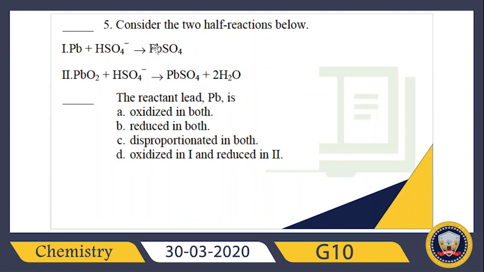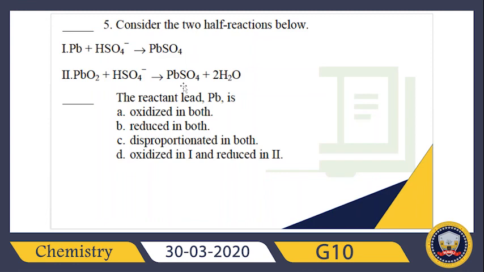Now it bonded with the sulfate. If you calculate the oxidation number for oxygen, it is minus 2 multiplied by 4, minus 8. But the sum of the whole charge is 0, so Pb is plus 4 here. From 0 to plus, the oxidation number has increased. So it is oxidation.